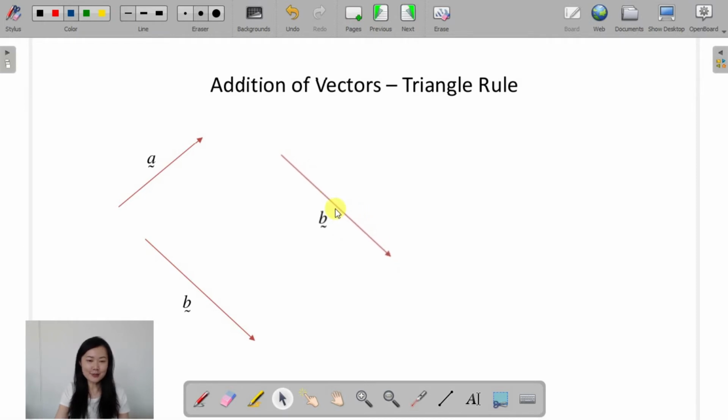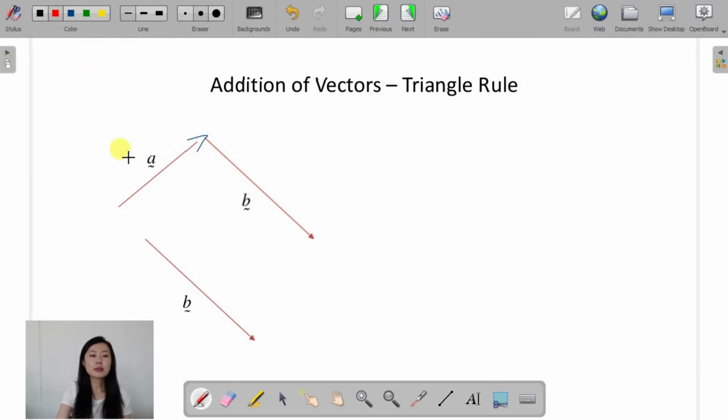So addition rule, you migrate the other vector so that the head of the previous vector is touching the tail of the next vector. First step. Second step, complete the triangle.